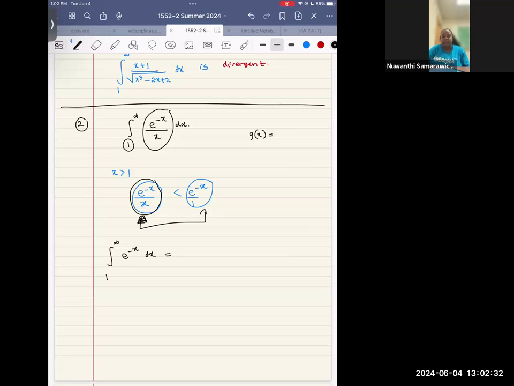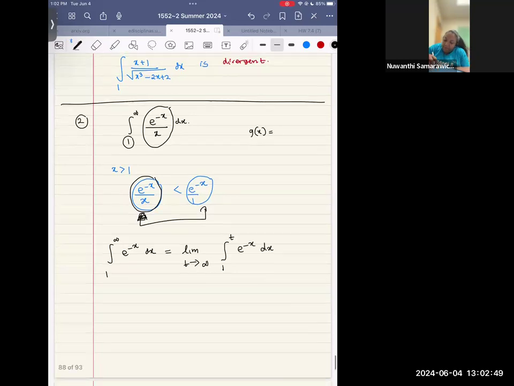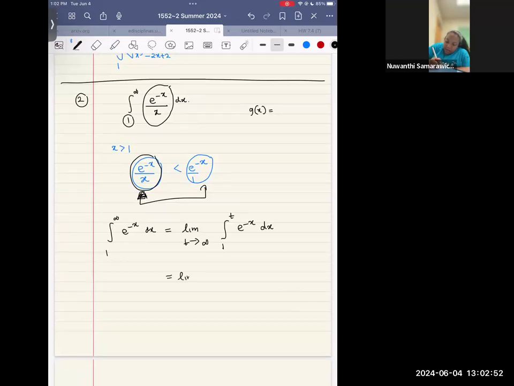What is the value of this? Is it convergent or divergent? So we are going to write this as limit t goes to infinity, integral from 1 to t of the negative exponential dx. What is the antiderivative of the negative exponential? Yes, very good.